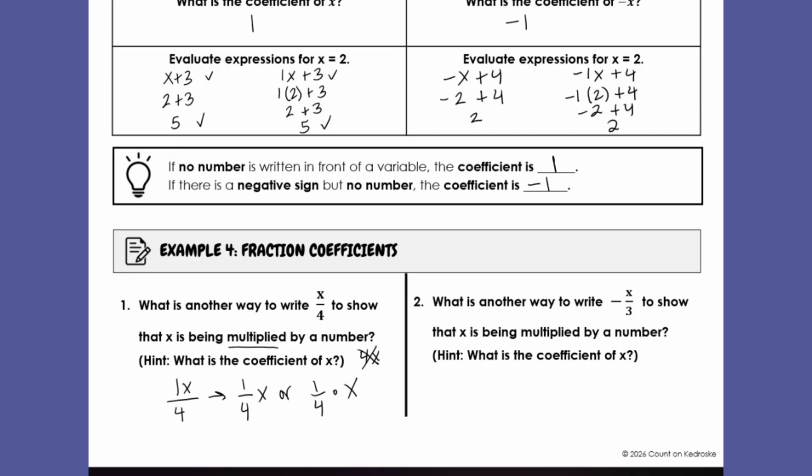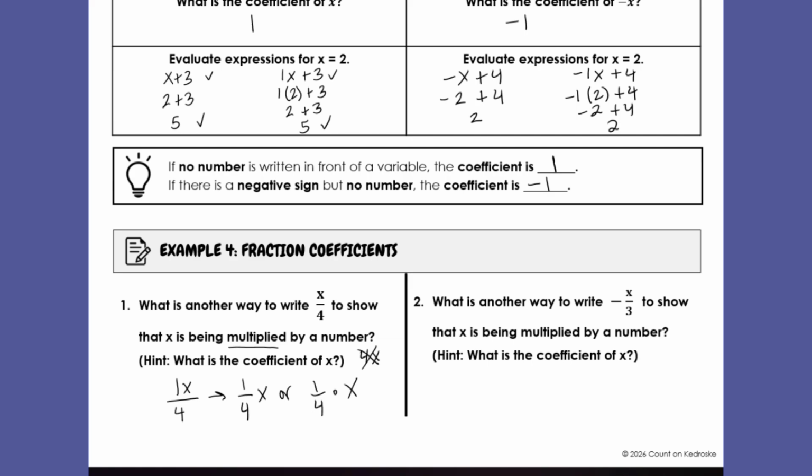You can also prove that by using your coefficient knowledge of what number is really in front of that x. It's important to understand that, especially when you go to solve equations, that when you see x divided by 4, another way to think about it is 1/4 times x, or 1/4 x. So think about not just division, but also multiplication.